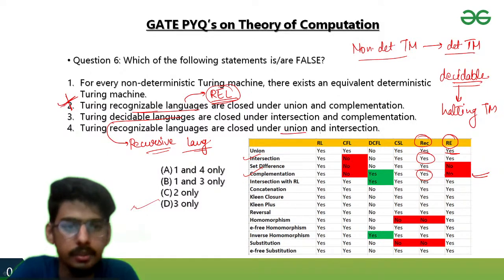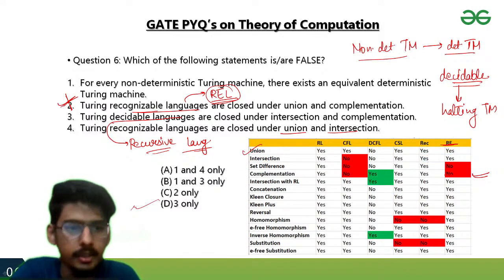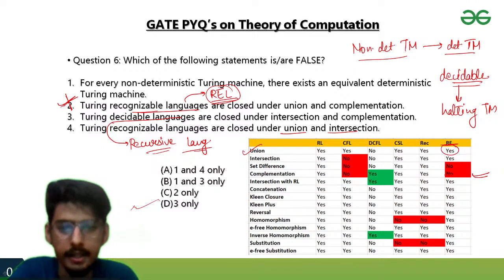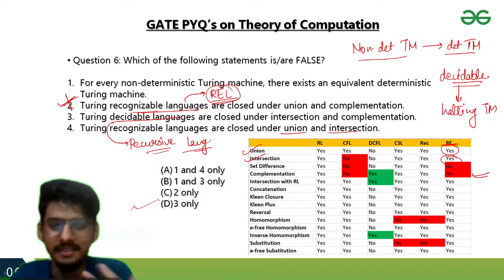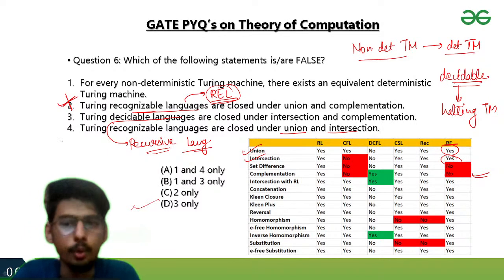They are closed under union and intersection. Under union, yes, they are closed. Under intersection, yes, they are closed. So the fourth is also correct.